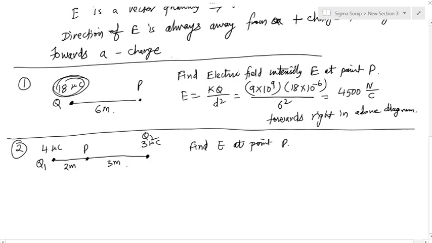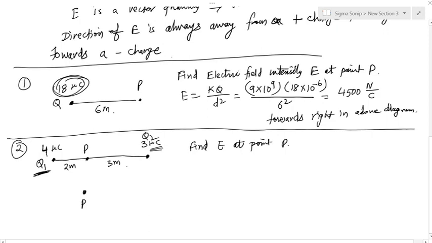So here at P we will have electric field intensity because of Q1, and we will have electric field intensity because of Q2, and we will need to add them vectorially. So this is my point P. First let's consider electric field intensity at P because of Q1. Now Q1 is a positive charge, 4 microcoulomb. So at P, the electric field intensity because of this 4 microcoulomb charge Q1 will be away from Q1.